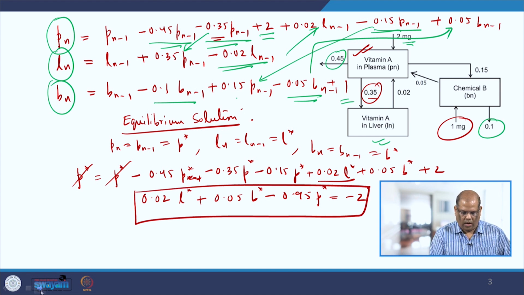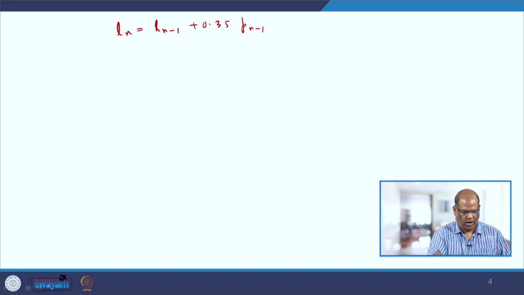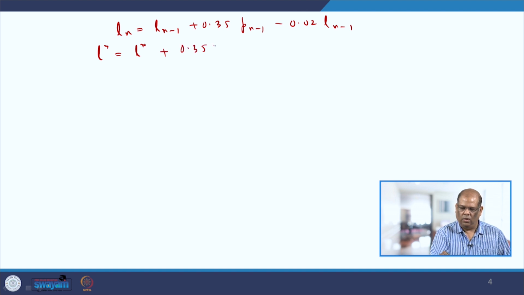The second one, which is Ln equal to Ln minus 1 plus 0.35 Pn minus 1 minus 0.02 Ln minus 1. So I replace these two by the corresponding equilibrium symbols.